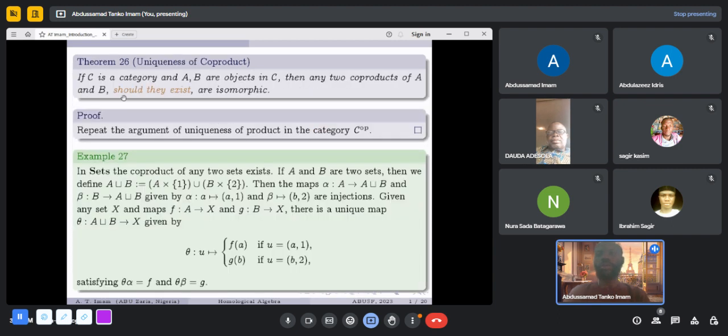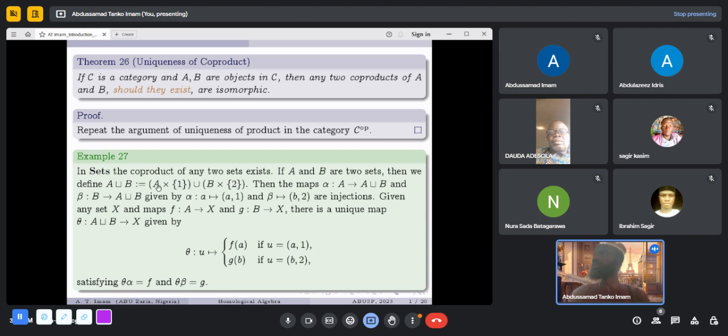In the category of sets, you form a disjoint product. You can look at the example here. In the category of sets, if you want to form a coproduct of objects, it is formed in this way. You take the Cartesian product of A with the singleton 1 and the Cartesian product of B with the singleton 2, and take that union.